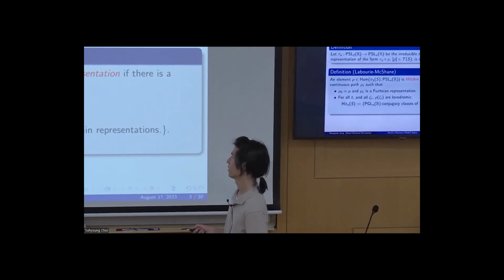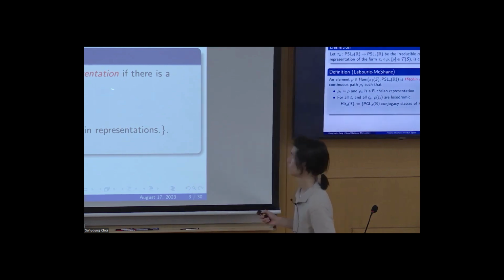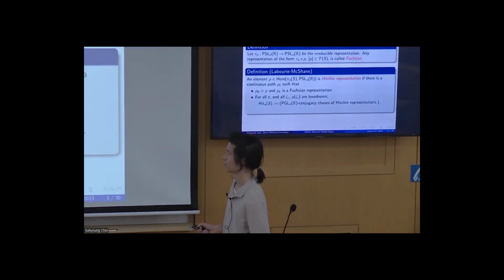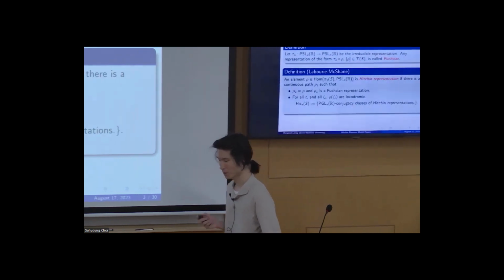We collect all the Hitchin representations in this sense and take the PGL quotient. That's the Hitchin component for a compact surface, possibly with boundary.